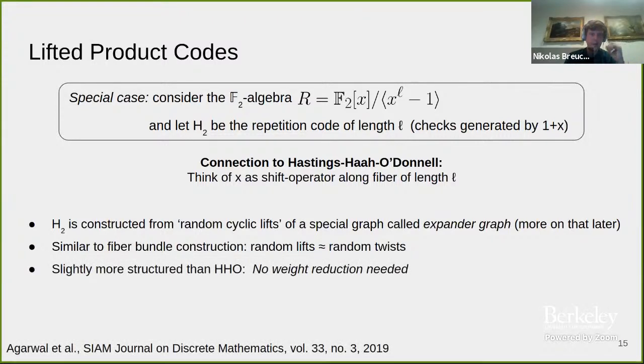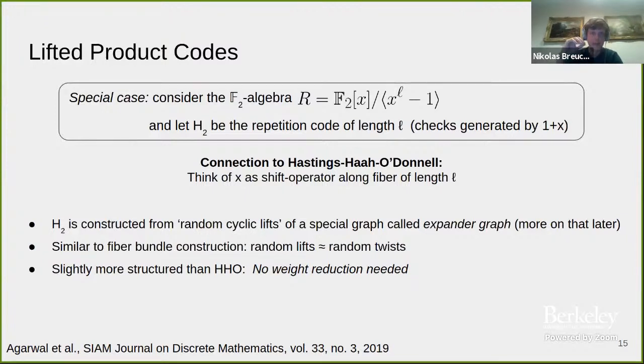And by doing so, there's slightly more structure than in the Hastings-O'Donnell work, so they actually avoid this problem of weight reduction. What I should have said was that this base code that they consider is constructed from a special type of graph, expander graphs, which have been featured in earlier talks.